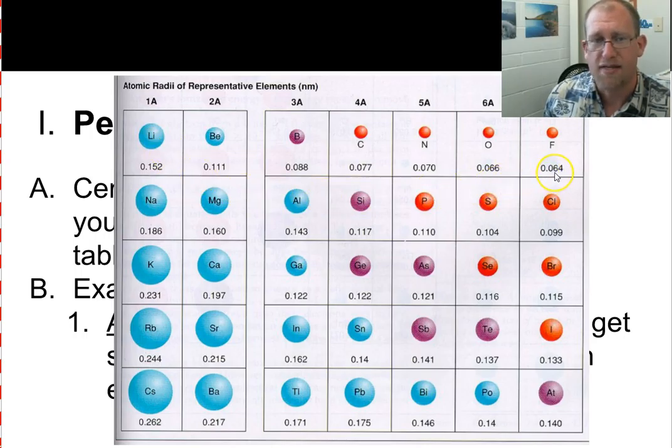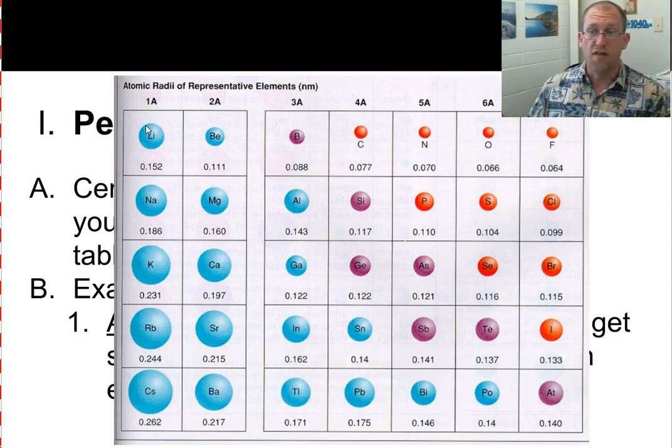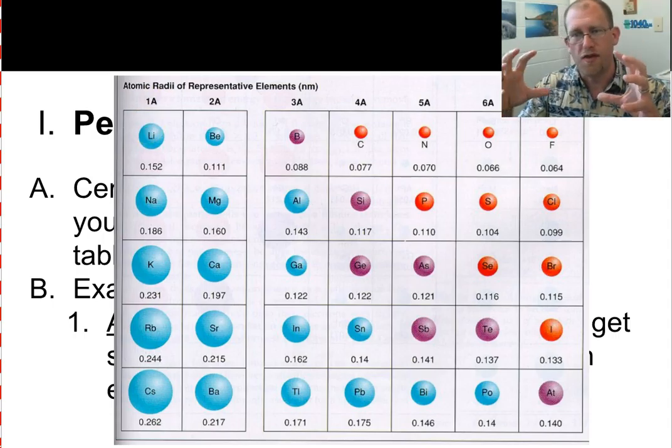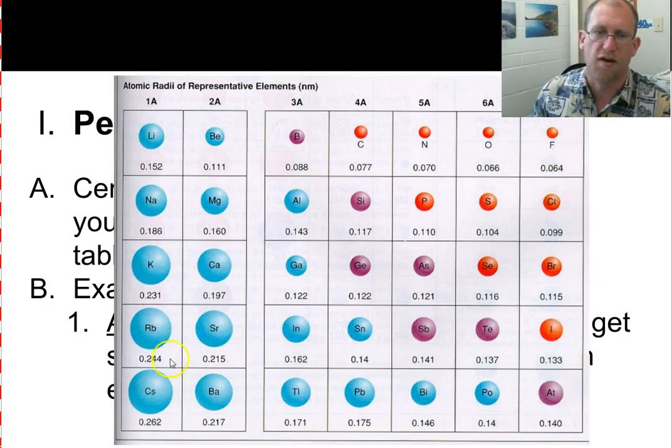But it is very, very small. It's less than half the size of lithium. So we've got a trend here that initially doesn't make sense, but when you understand the attraction of electrons to protons, it does. And then as you move down the row, these all get bigger. They get bigger as you move down, but they get smaller as you move across.